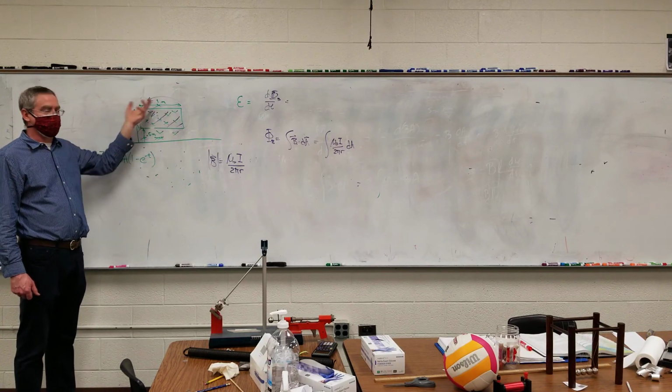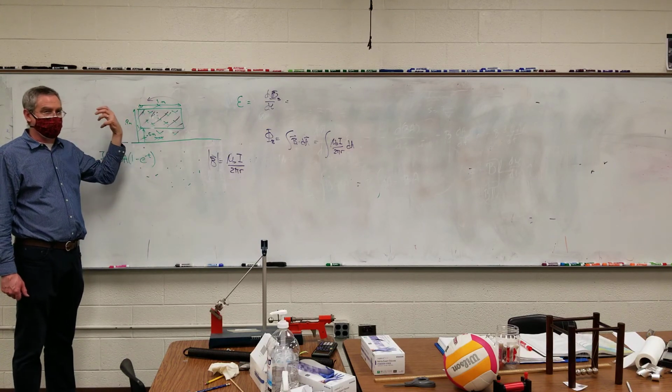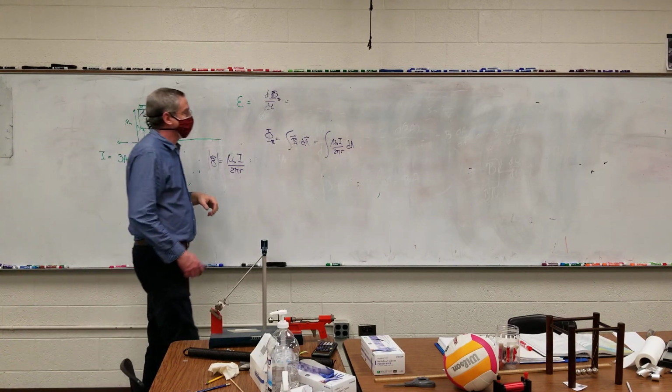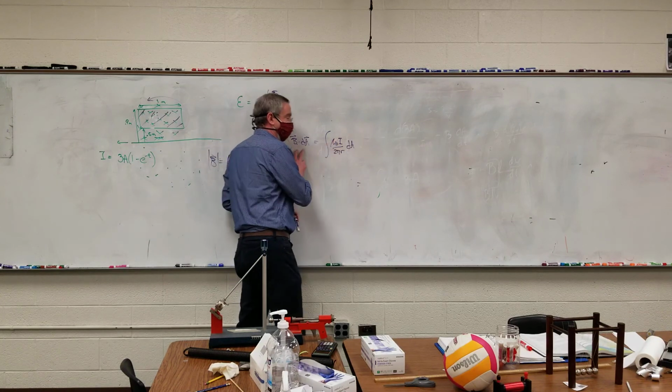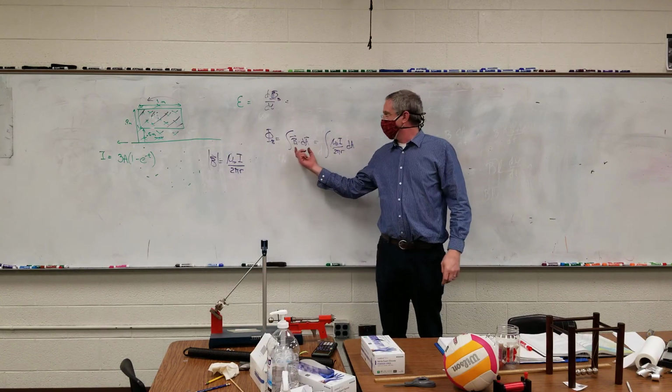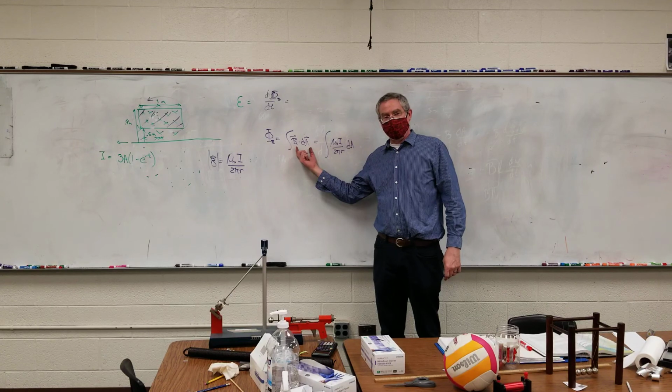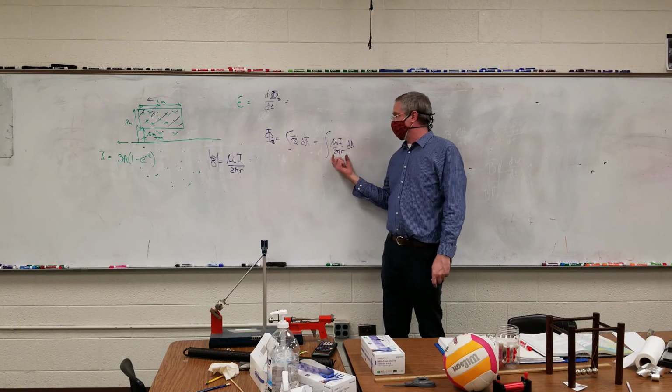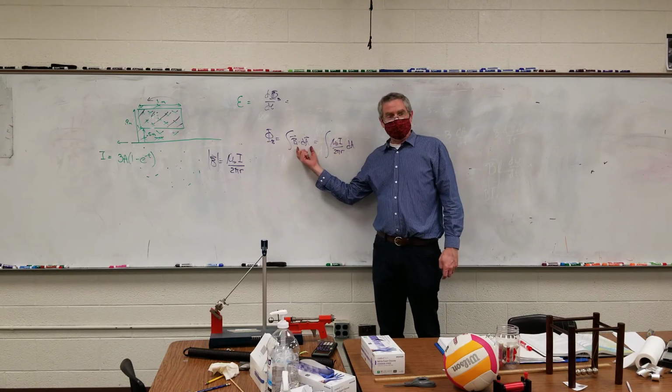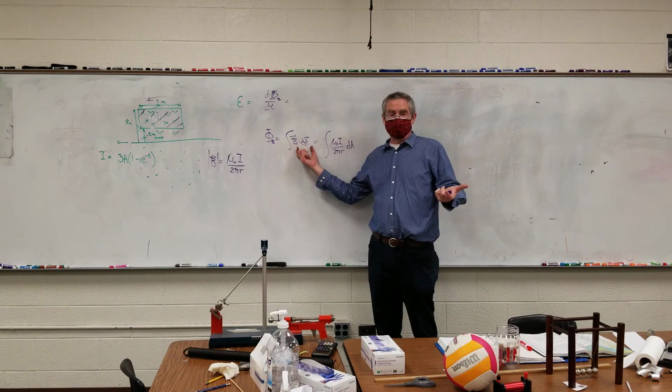And we've already thought through the direction of the induced current. Since they are either parallel or anti-parallel, it's just the magnitudes multiplied together, and the directions make it ultimately positive or negative.